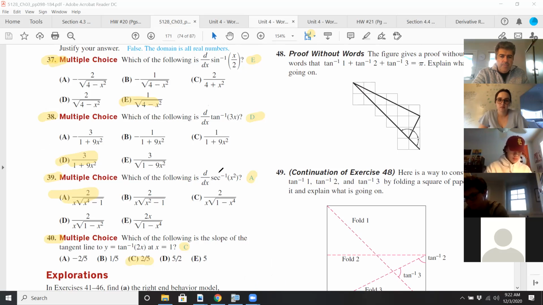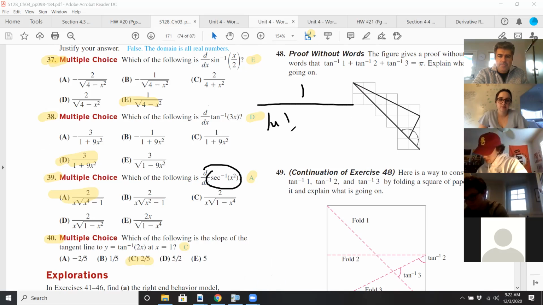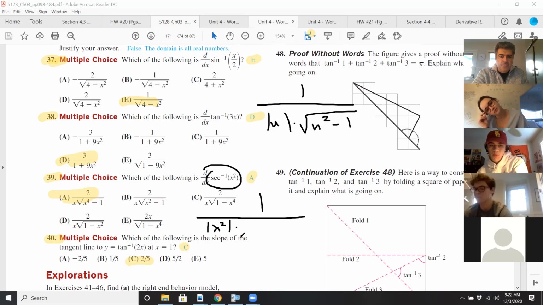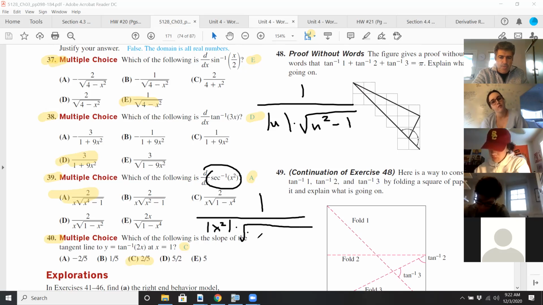Okay, for 39, you have the derivative of inverse secant. The derivative of inverse secant is 1 over the absolute value of u times the square root of u squared minus 1. So that's the formula. Remember, it's in your cheat sheet. What's your inside? X squared. Times the square root of u squared, so you're squaring x squared, so it's x to the 4th minus 1, times that derivative, which is 2x.